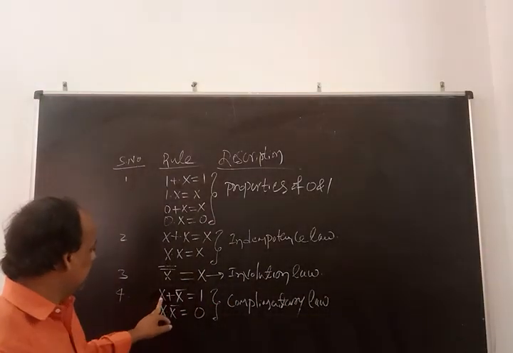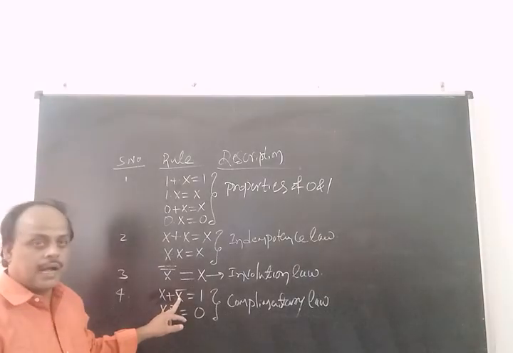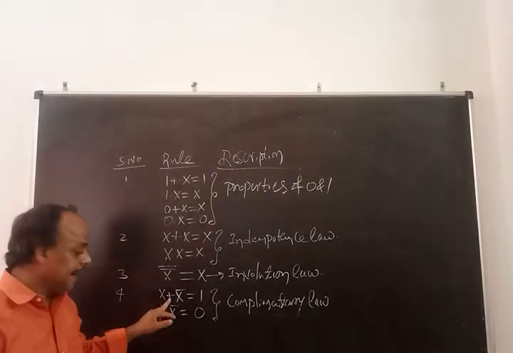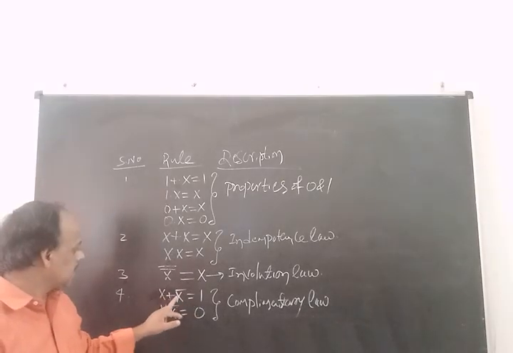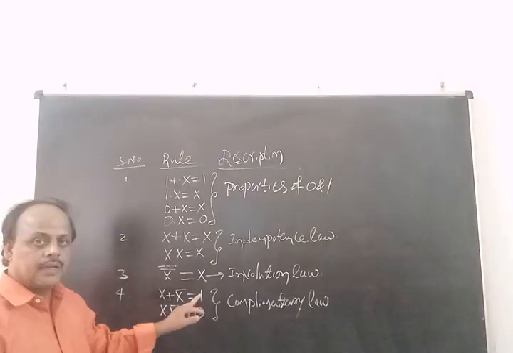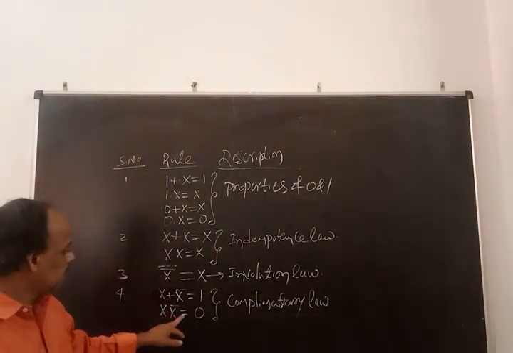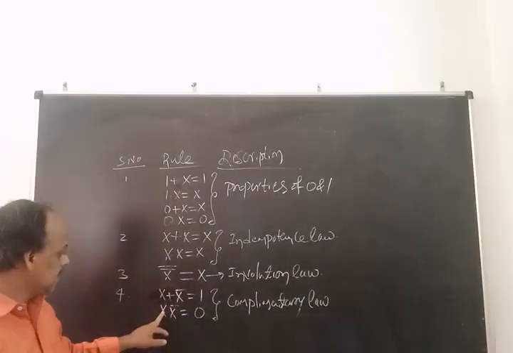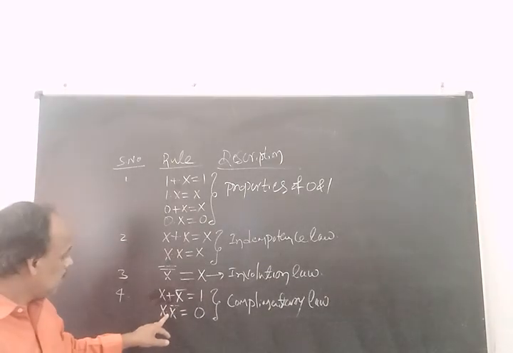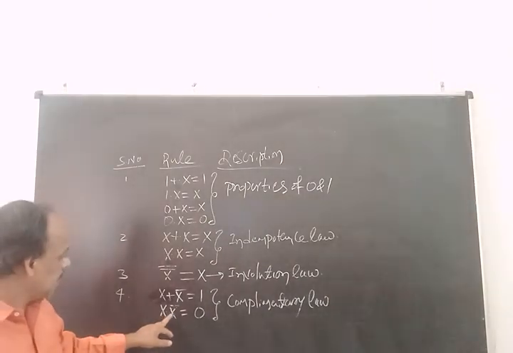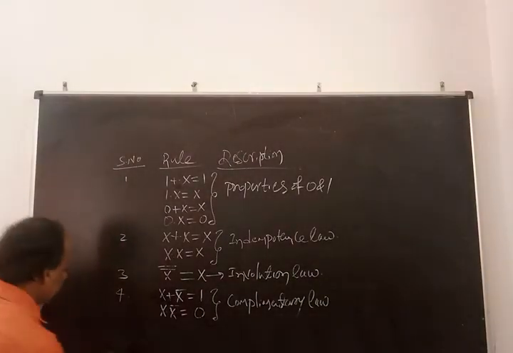When a variable is combined with its complement form and undergoes logical addition, we get x plus x bar is equal to 1. And when it undergoes logical multiplication, x into x bar is equal to 0. These two are the complementary law.